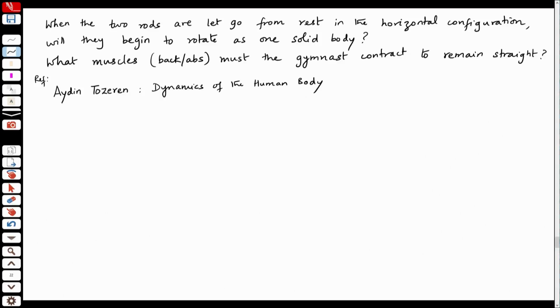Okay. So, let us compute the angular accelerations of OA and OB. It is released from rest.